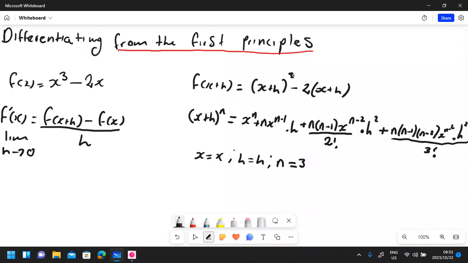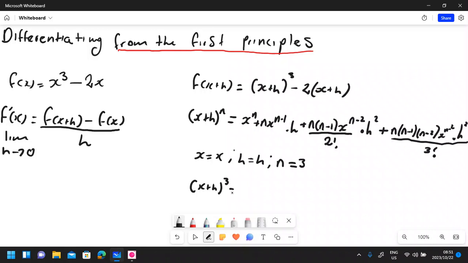There we go, n is going to be 3. Remember, n is the power, so don't forget this. So this is very important. When you substitute on your binomial theorem expansion, it's going to be easier. So let's start substituting. In our case, it's going to be x plus h to the power of 3. Remember, this is the one here.